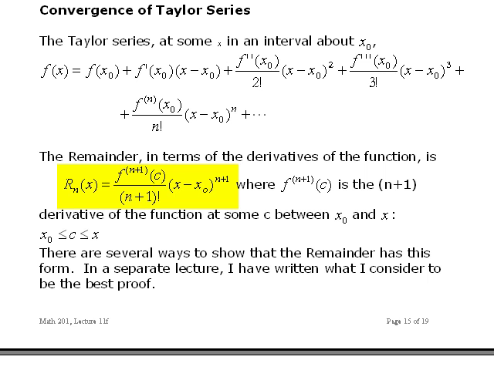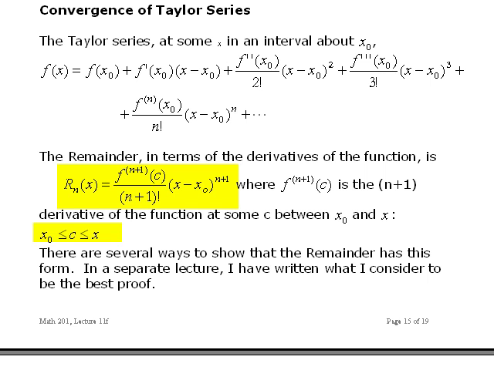It is the next derivative, f to the n plus 1, evaluated at some c, divided by n plus 1 factorial, times x minus x naught to the n plus 1. And c lies between x naught and x. X is the place you want to evaluate the function. X naught is the point about which the series was expanded.